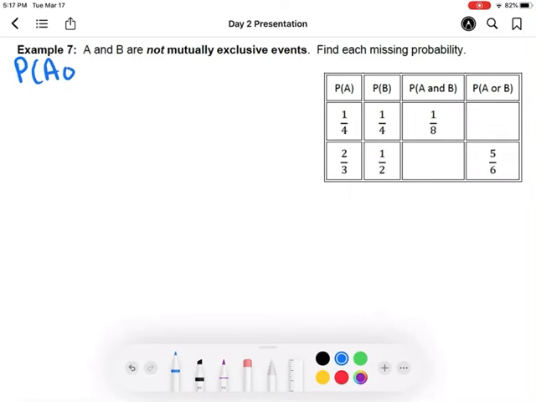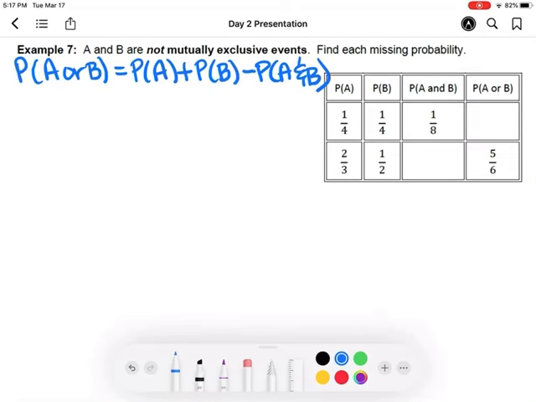So probability of A or B. When we're not mutually exclusive, we have to take the probability of event A happening, add it to the probability that event B happens, and subtract the probability that A and B happen at the same time. And again, we will have that part because it says that the events are not mutually exclusive. So we will have those parts that were counted twice.